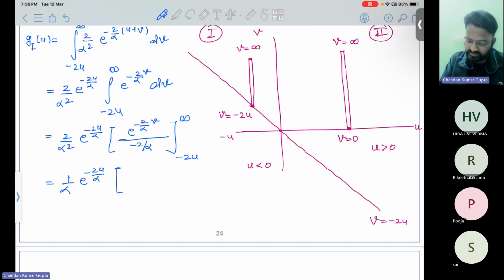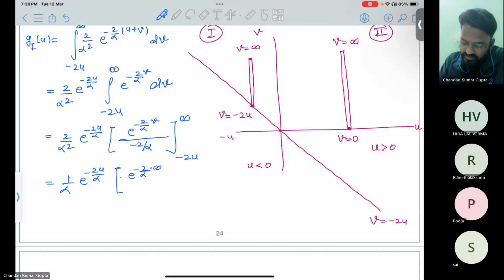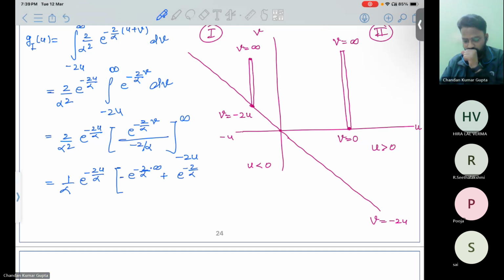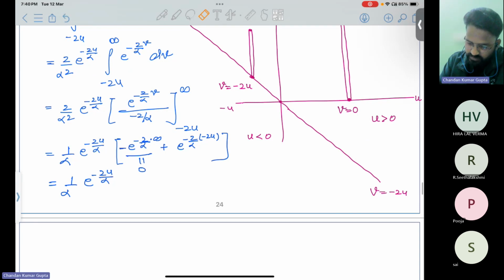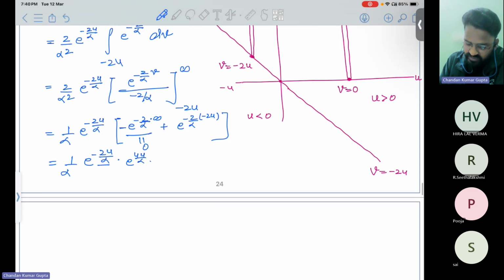Then e to the power minus 2 by alpha into infinity comes out to be 0, and plus e to the power minus 2 by alpha into minus 2u, which is e to the power 4u by alpha.